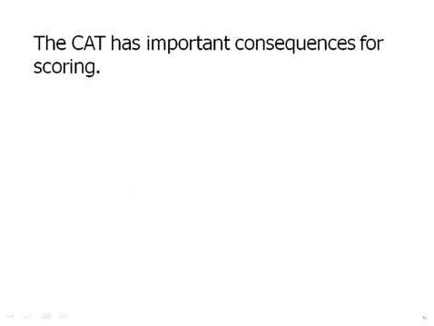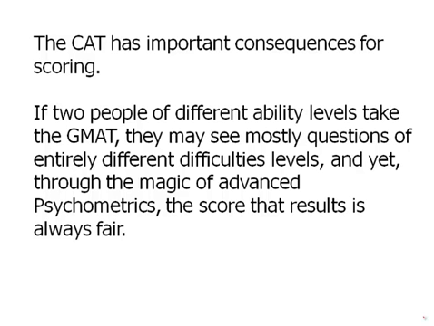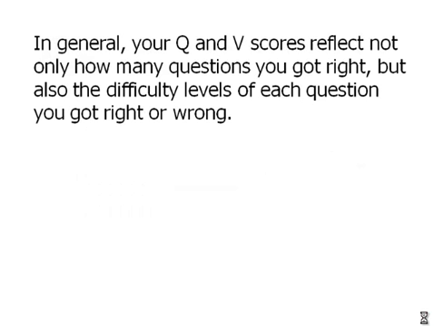The CAT has important consequences for scoring. If two people of different ability levels take the GMAT, they may see mostly questions of entirely different difficulty levels, and yet through the magic of advanced psychometrics, the score that results is always fair. You see, in general, your math and verbal scores reflect not only how many questions you got right, but also the difficulty levels of each question you got right or wrong.